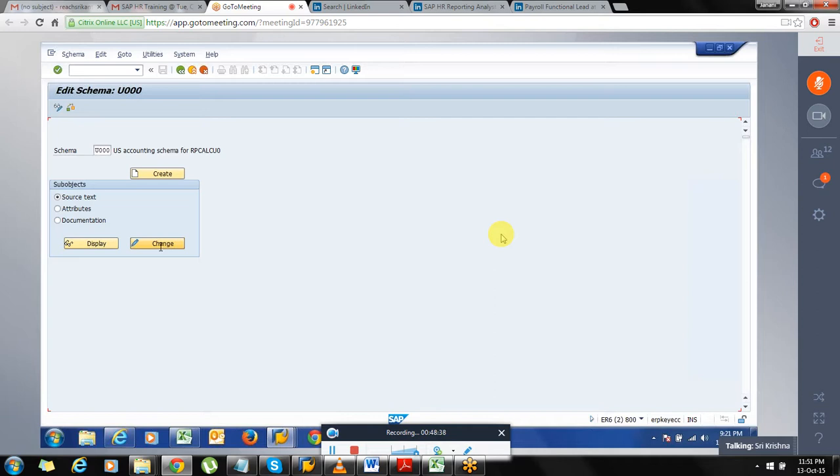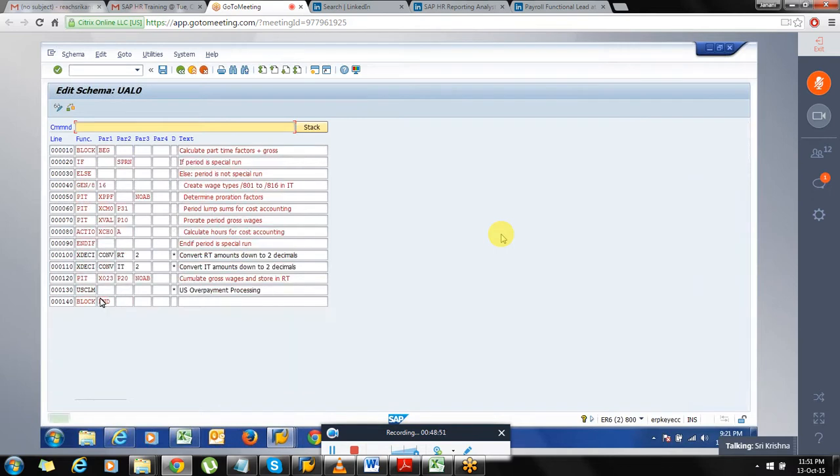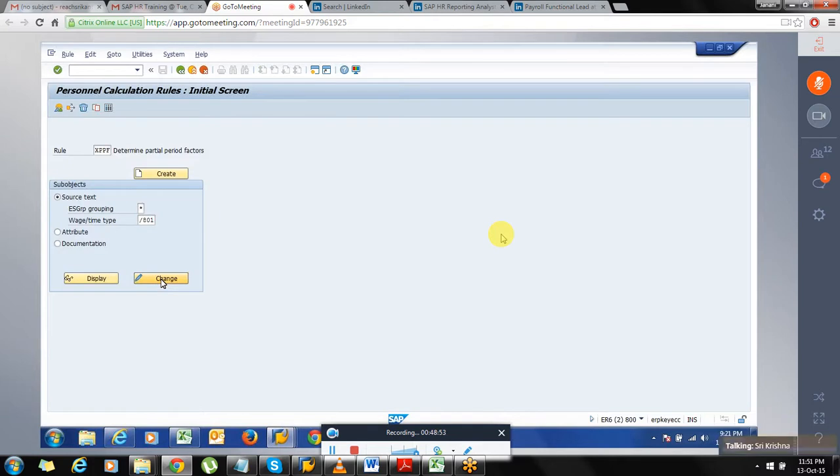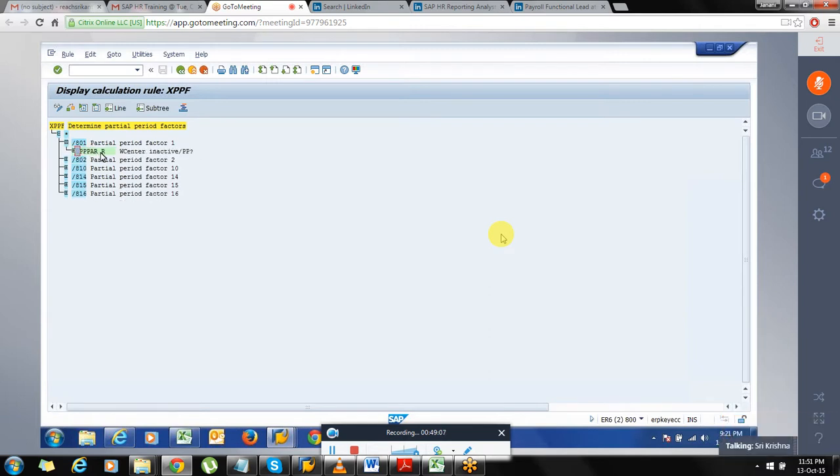This is the factoring PCR. It is generating 16. There is an XPPF PCR instead of INP1. But here they are using, if I go to this PCR, a different operation. In my view, both will do the same thing. Several conditions: if you see 801, PPPAR will check if the employee is inactive in the particular period or split or not.